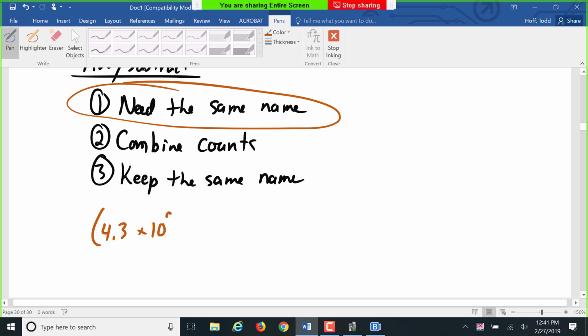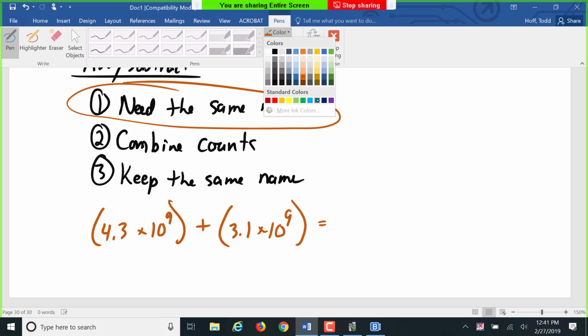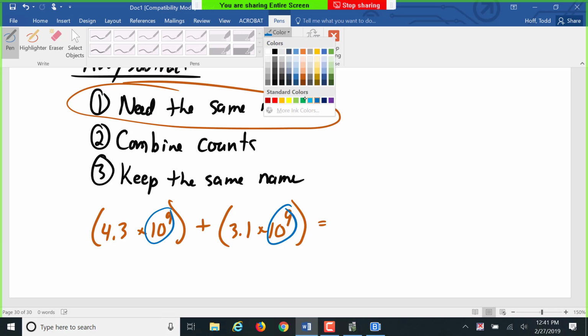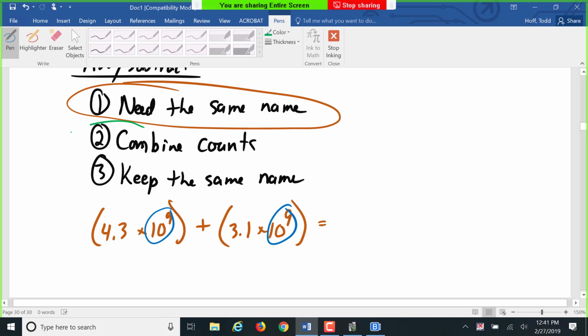4.3 times 10 to the 9th plus 3.1 times 10 to the 9th. Those numbers have the same name. They're both 10 to the 9th. Next, we're going to combine the counts. So that means we add 4.3 and 3.1 to get 7.4.